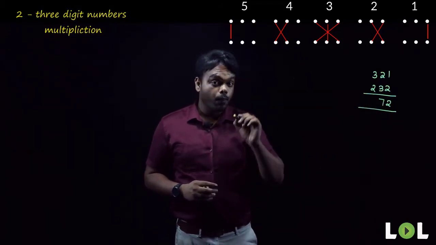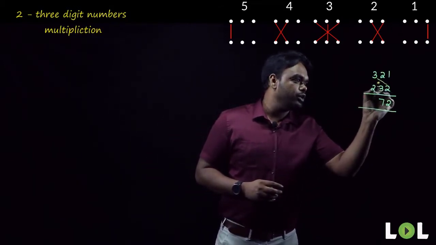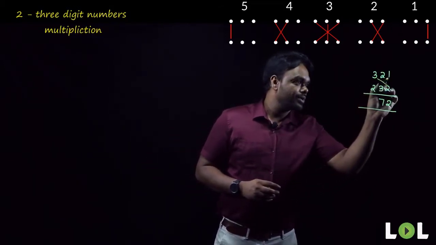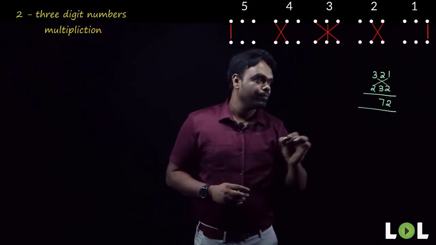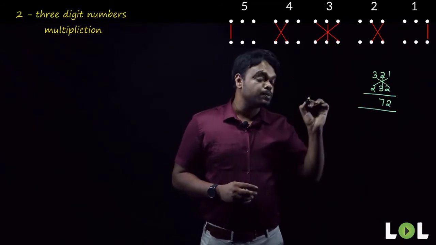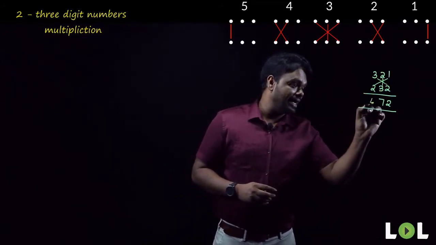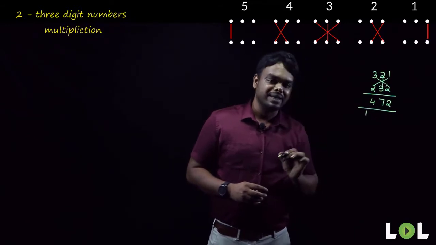Third step, we'll multiply all the 3 columns, that is 3 into 2, 6, 2 into 1, 2, 2 into 3, 6. That is 6 plus 2, 8, plus 6 should give us 14. So I'll write 4 here, 1 carry.